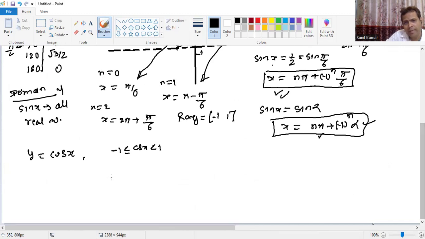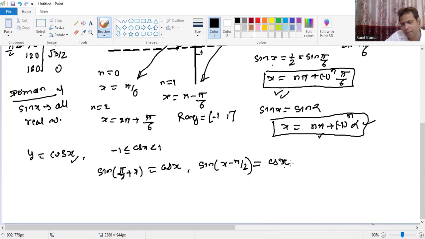We know we have one property: if you shift the sine graph by 90 degrees, that is pi by 2, we will get cos. Sin(pi/2 + x) is going to be cos x, or minus also we can use, that's not a problem. Sin(x - pi/2) also gives cos x, or pi/2 minus x also, both we can use.